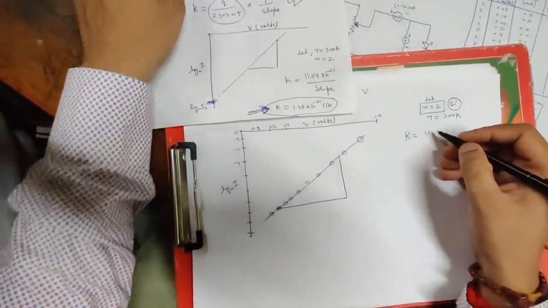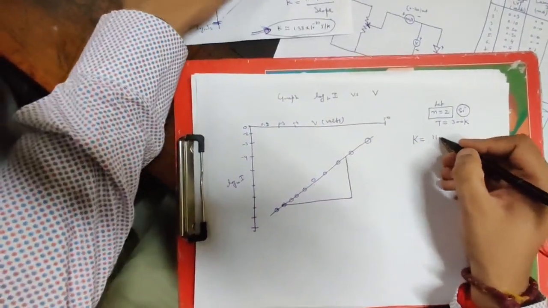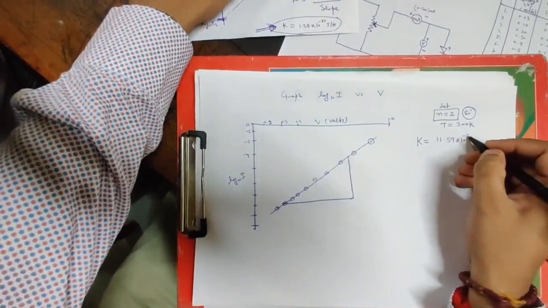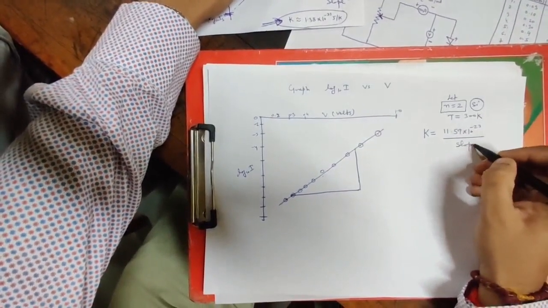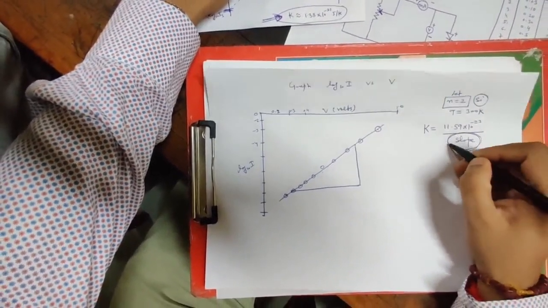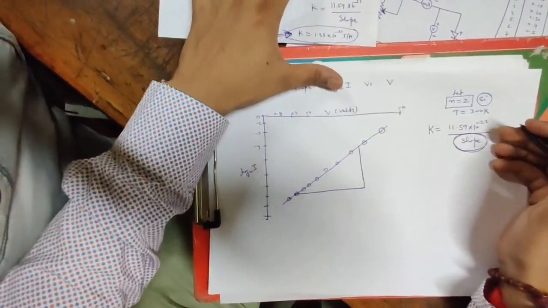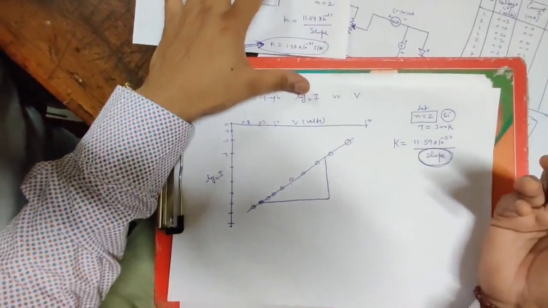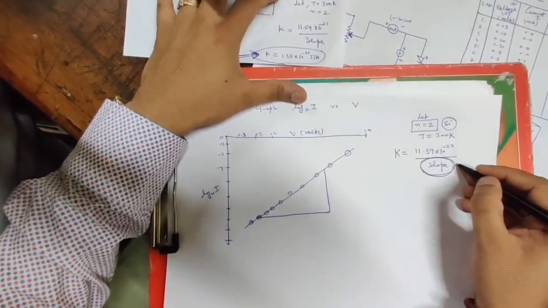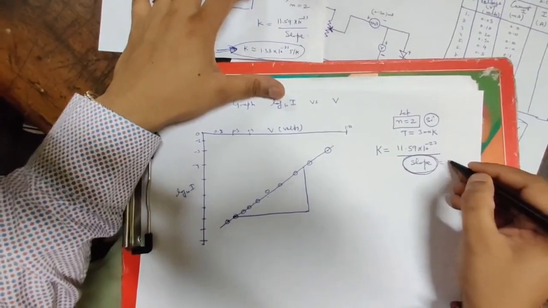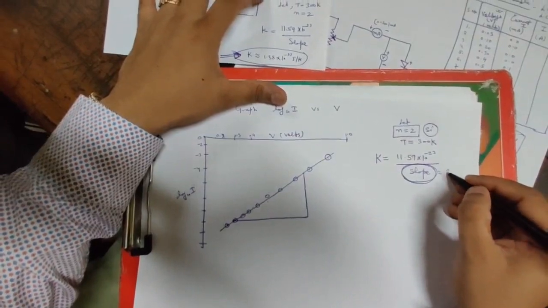So by this I can take 11.59 into 10 to the power minus 23. Yes, it depends on the slope, what slope you have. So in different diodes different slopes will come. Let us say my slope will come around 25, let us say.